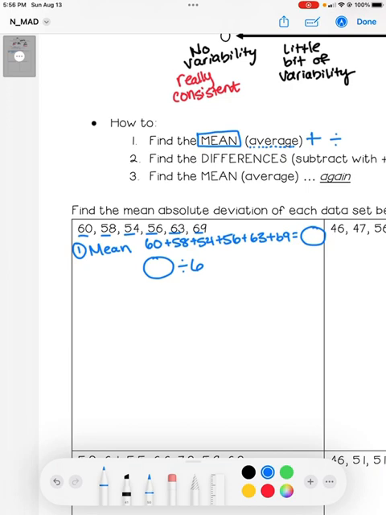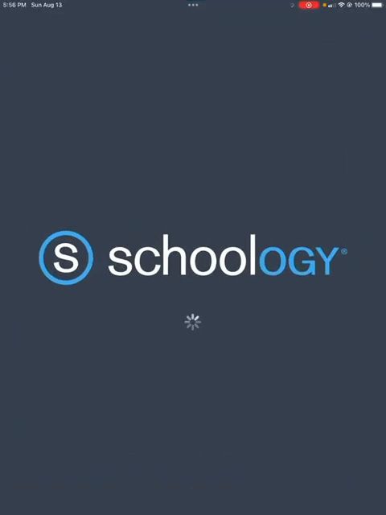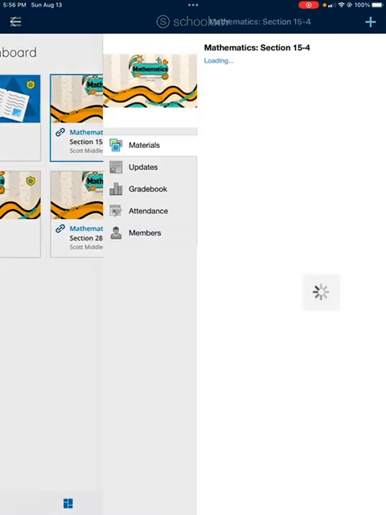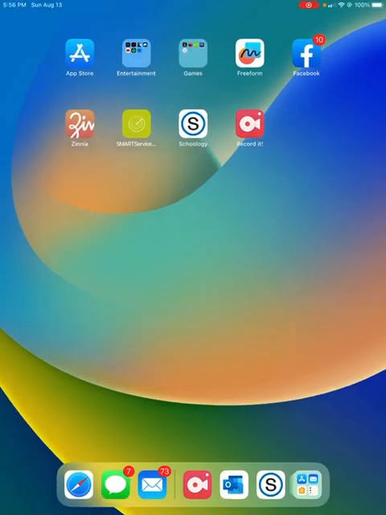I am not Superwoman, and I don't remember what that sum is supposed to be. So we're gonna go to the calculator on Schoology and find out. On Schoology we're adding a whole lot of numbers.